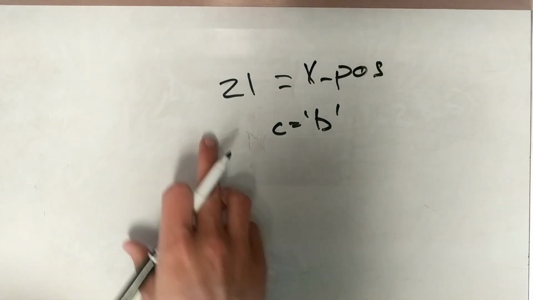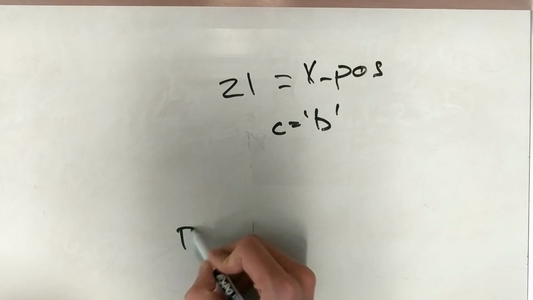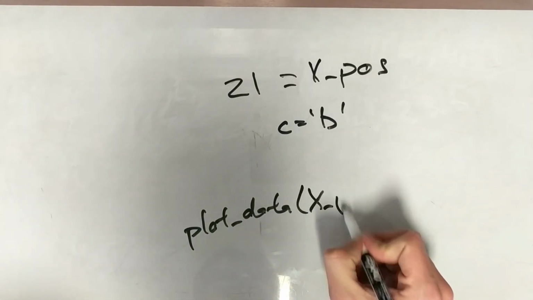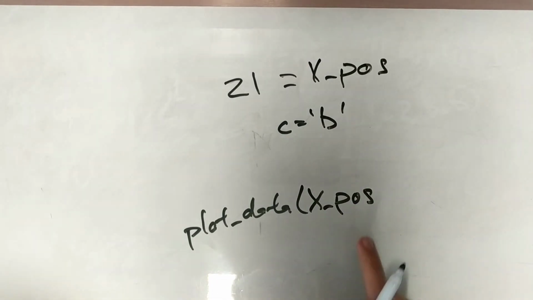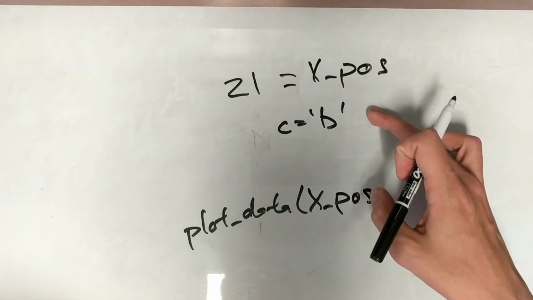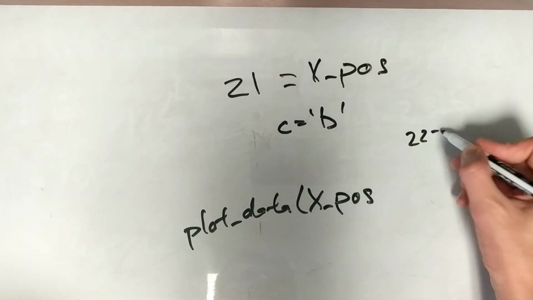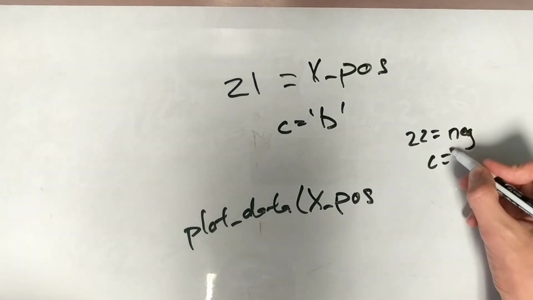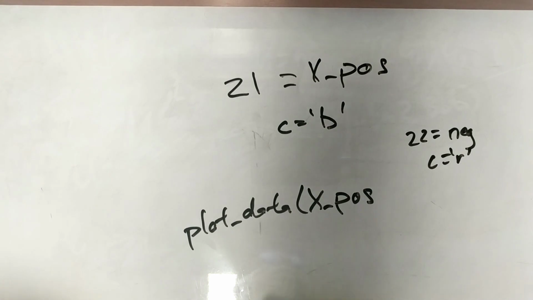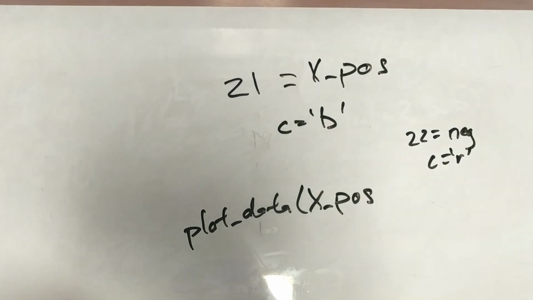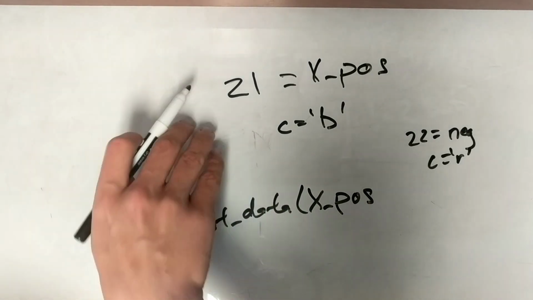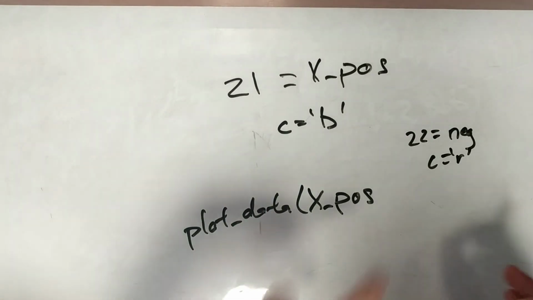So when we use plot data, if we have xpos first, then we know xpos will correlate to the blue color, and z2, if we have it as negative, I'm pretty sure, yeah, the color is red. I'm not sure if they already have it inputted for you, but just remember that whatever you put as 1 will be blue, and whatever you put as 2 will be red.